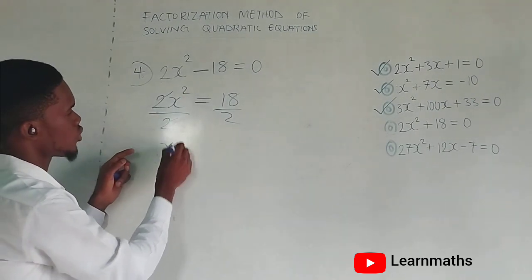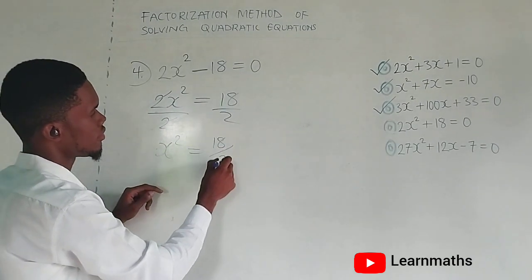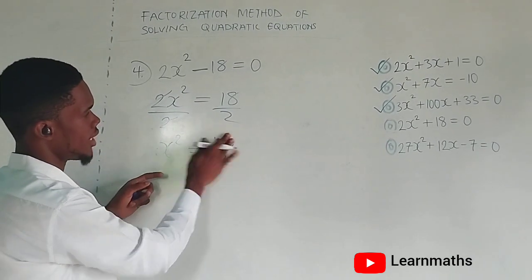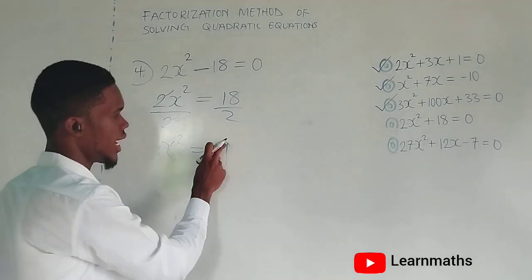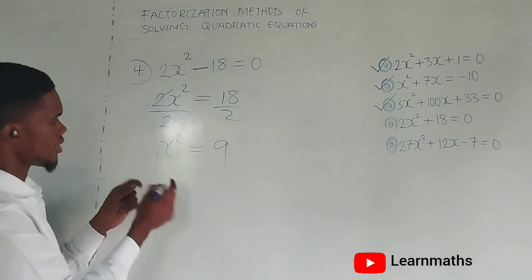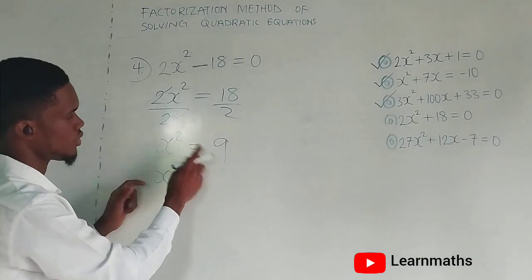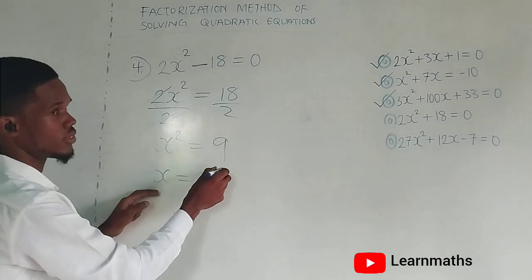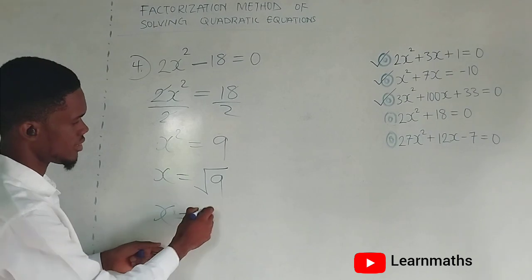We are left with x squared equal to 18 divided by 2, which is 9. So we have x squared equal to 9. Now to take a step further, we use the square of x to take the square root of 9. So x is going to be equal to the square root of 9. And we all know the square root of 9 is 3.